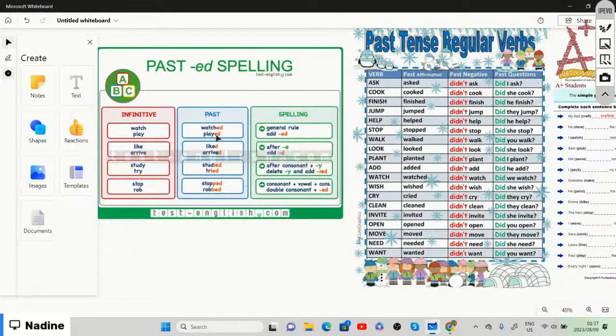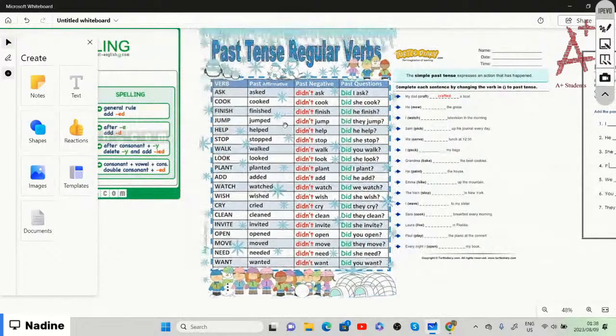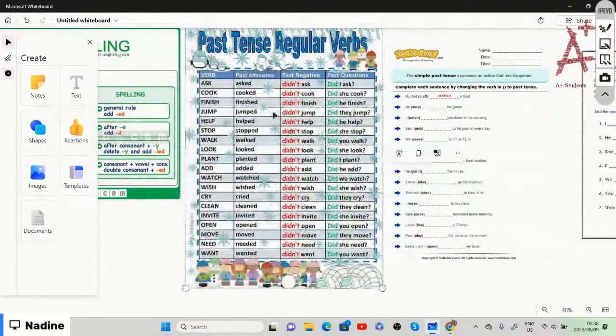And that is the regular past tense. And this is then again a few past tense verbs, where they're talking about the words and giving the past tense. So asking is asked.